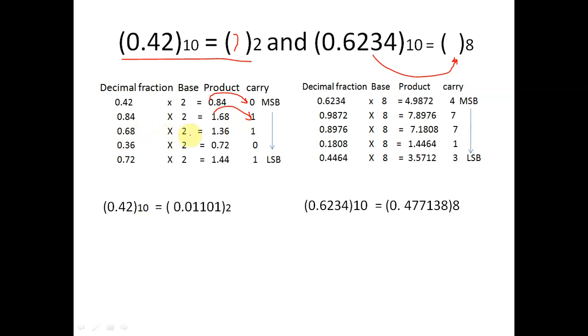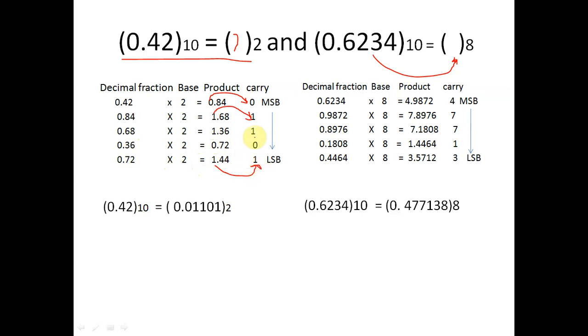0.68 multiplied by 2, the answer is 1.36. Here the carry is 1 and the fraction part is taken for the next procedure. 0.36 multiplied by 2, the answer is 0.72. This is the carry part, and again 0.72 multiplied by 2, the answer is 1.44. Here the carry is 1, so write it as it is.